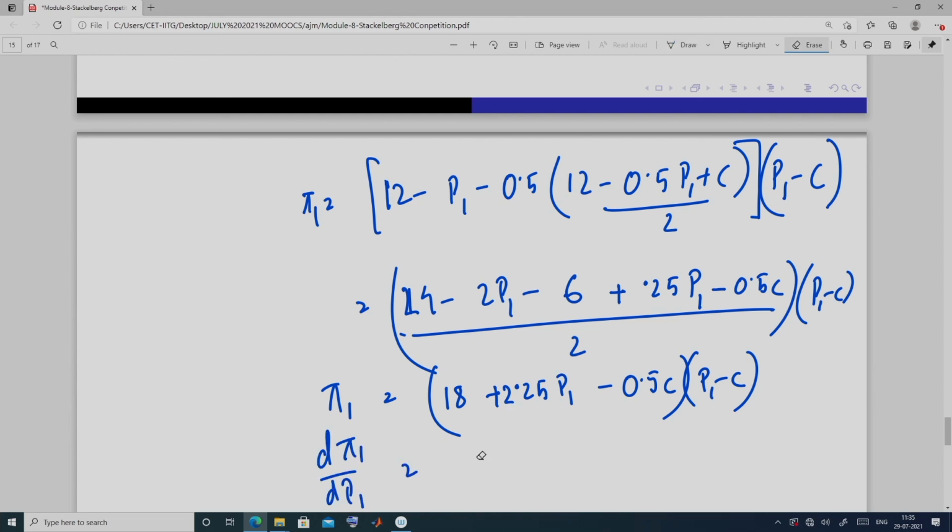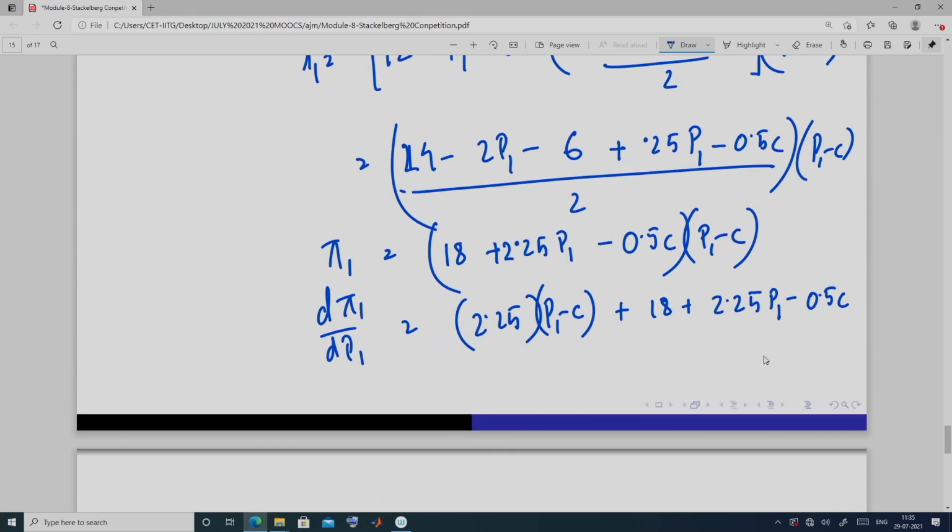So, if you take the derivative of this part first, we will get this, and the first order condition will give that this is equal to 0.